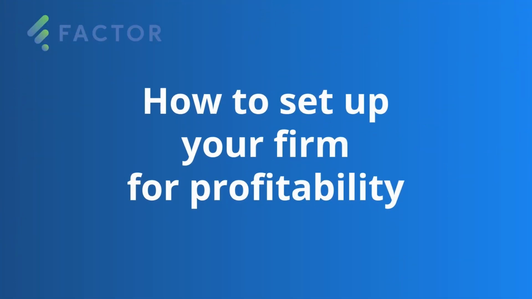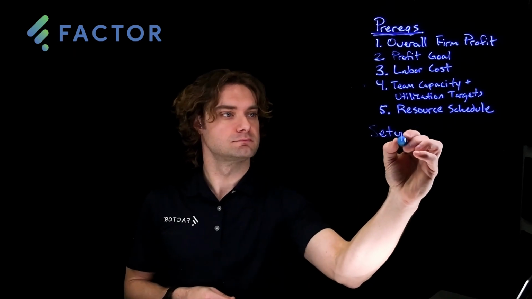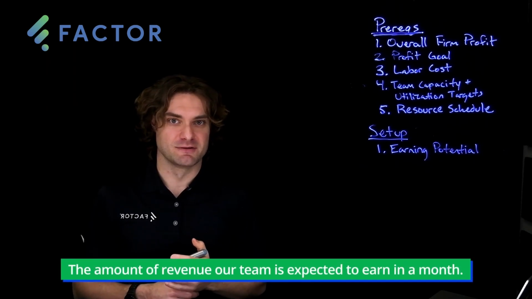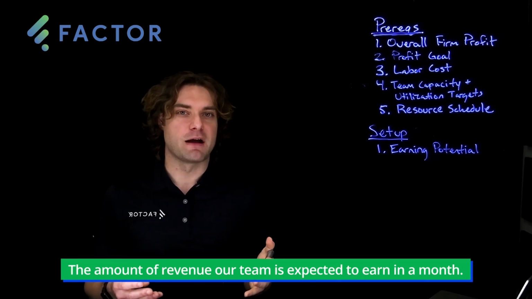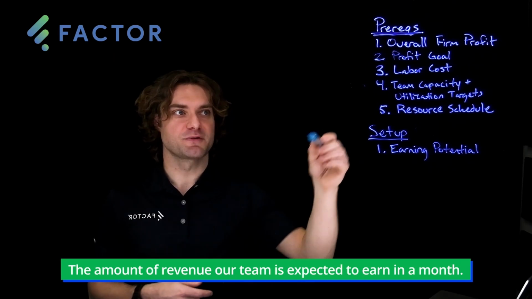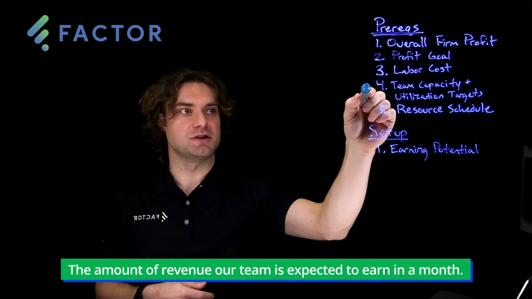So let's now talk about how firms are set up. And I don't mean set up in Factor or another app. I mean set up in terms of their potential and whether that aligns to our profit goal. First thing we're going to talk about is earning potential. This is the amount of revenue that our team is likely to bring in, and it comes from this team capacity and utilization.